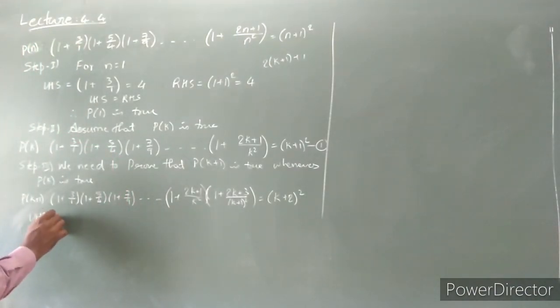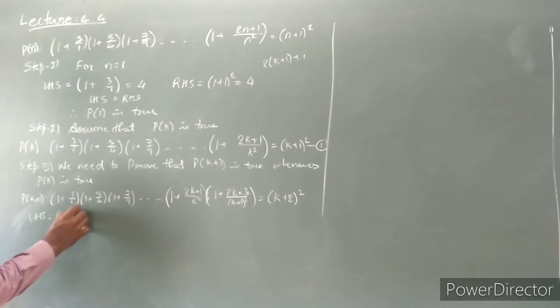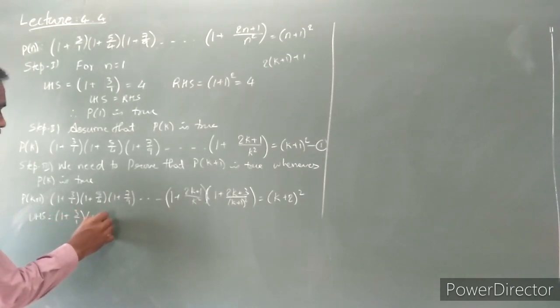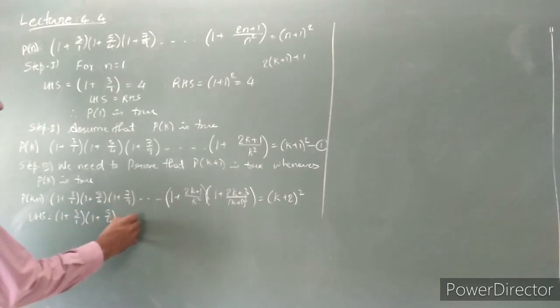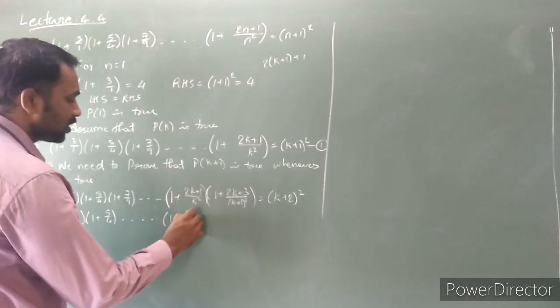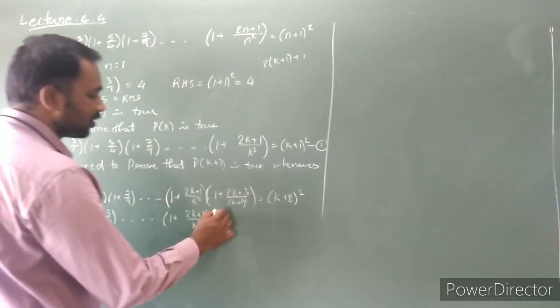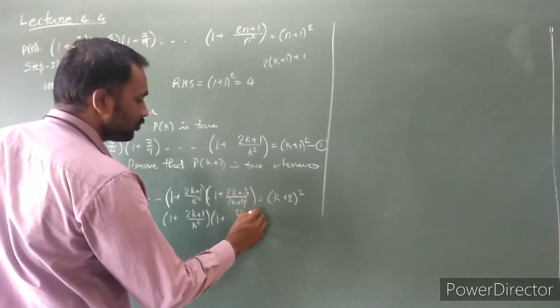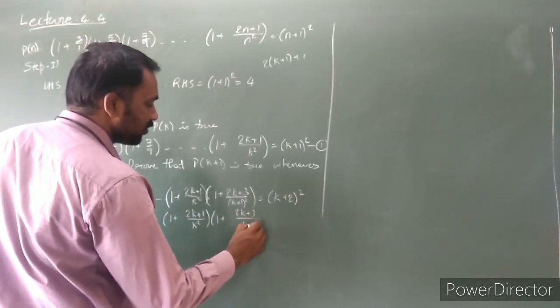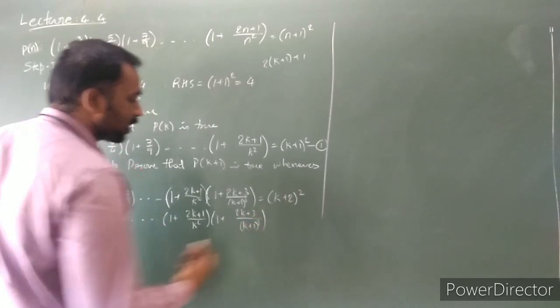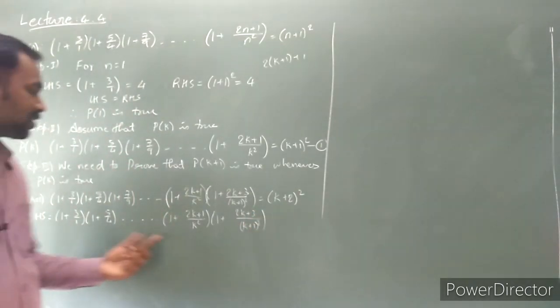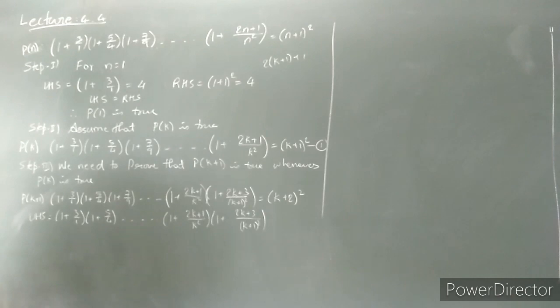Consider the LHS value. It is 1 plus 3 by 1, into 1 plus 5 by 4, up to 1 plus (2k+1) divided by k², into 1 plus (2k+3) divided by (k+1)². Here, instead of the plus, the product is there. Nothing to worry.